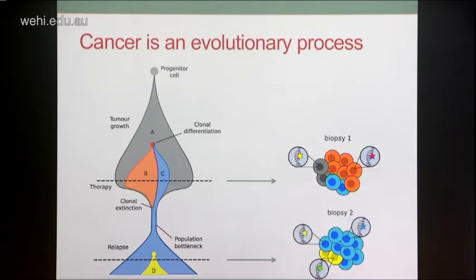If you also took a biopsy at this point in time after the treatment, you would also be able to look at the different mutations and then see, okay, we don't have any of the unique mutations that we saw in clone B, and therefore this clone has likely become extinct. But you've got these new mutations that have arisen that we can correlate with clone D here.